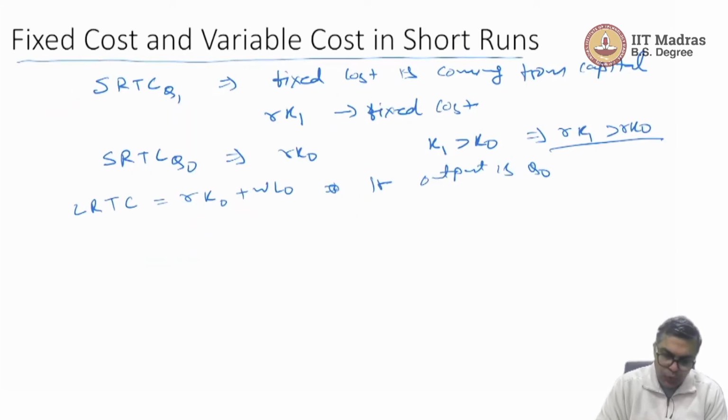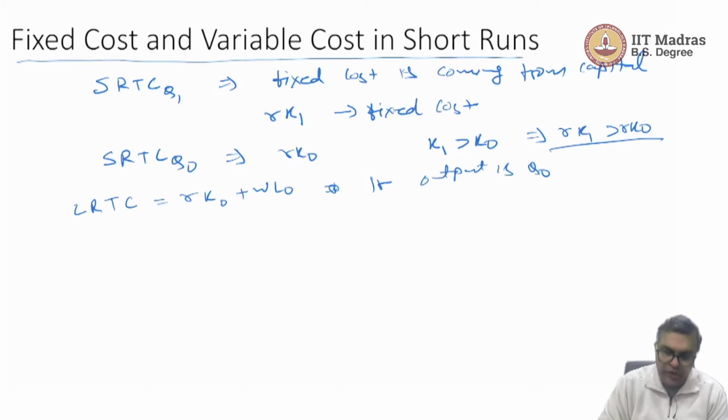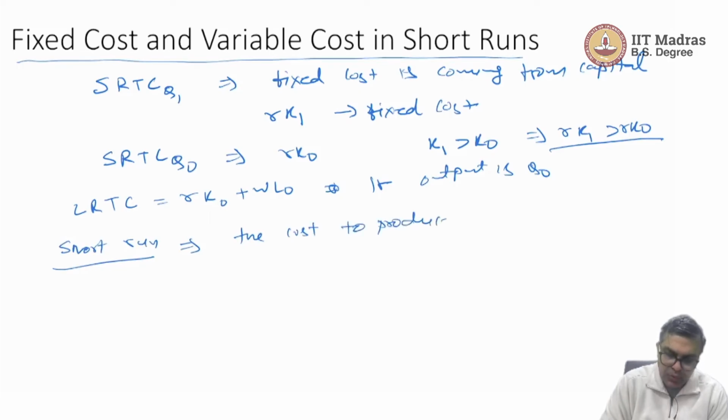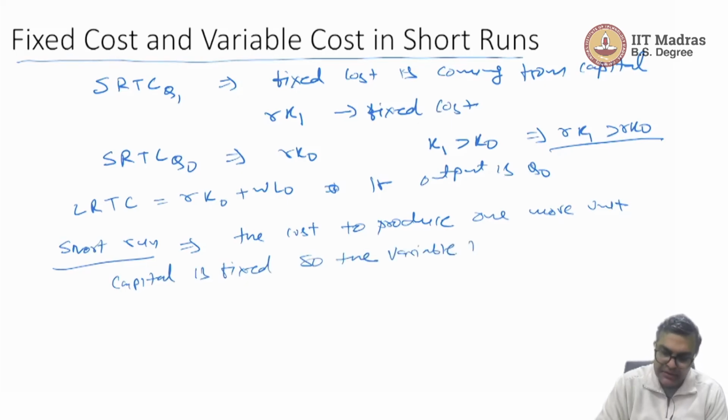Now, we have to look at the higher climb rate in one versus the other. So, let us look at where we are getting the marginal cost in the short run. What is the marginal cost? The cost to produce one more unit. Capital is already fixed in the short run, so the variable part is coming from labor.